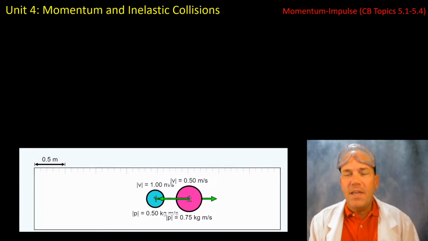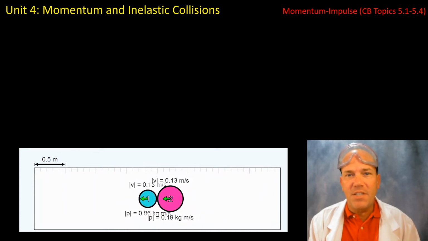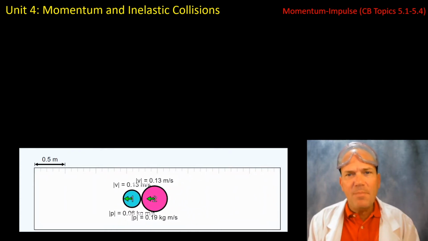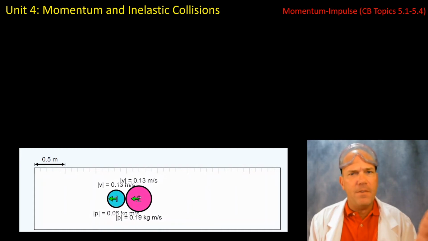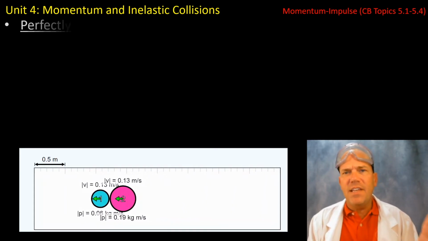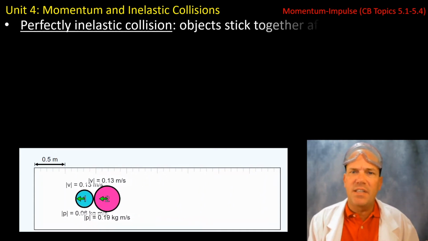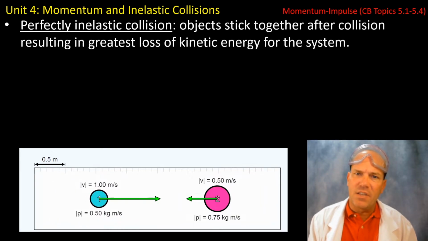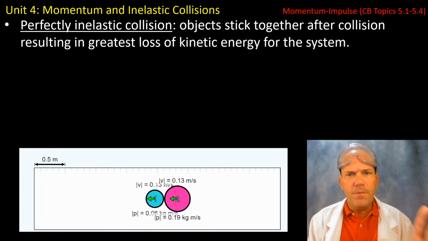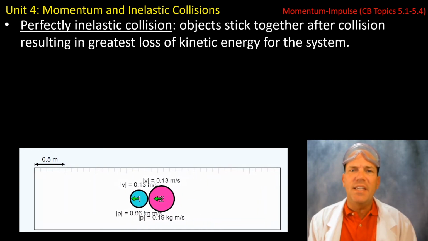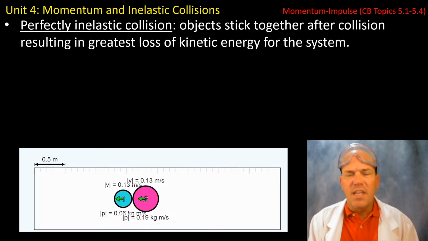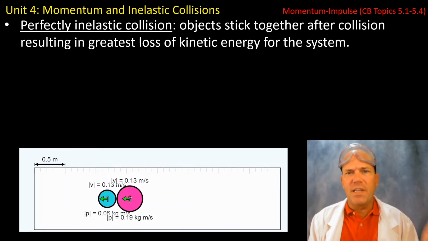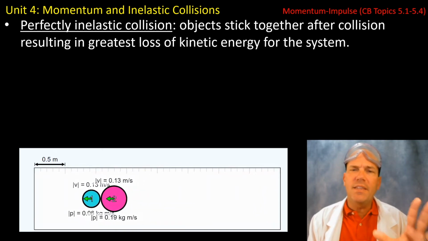Now take a look at this simulation in which the objects stick together after they collide. This is a special type of inelastic collision called a perfectly inelastic collision, and sometimes also referred to as a completely inelastic collision. The two objects will stick together after they collide.